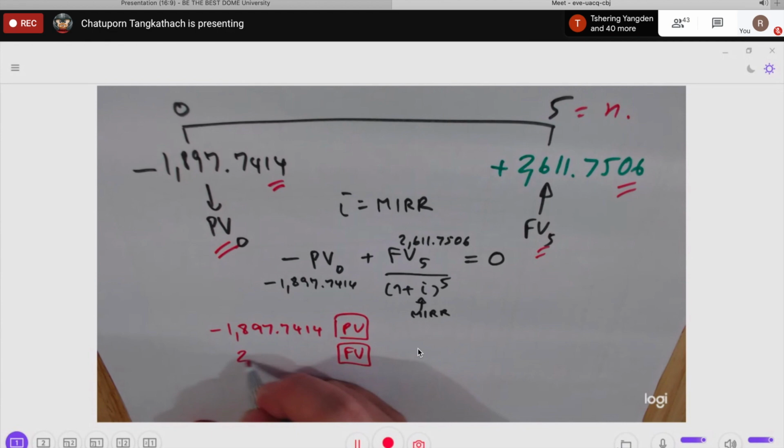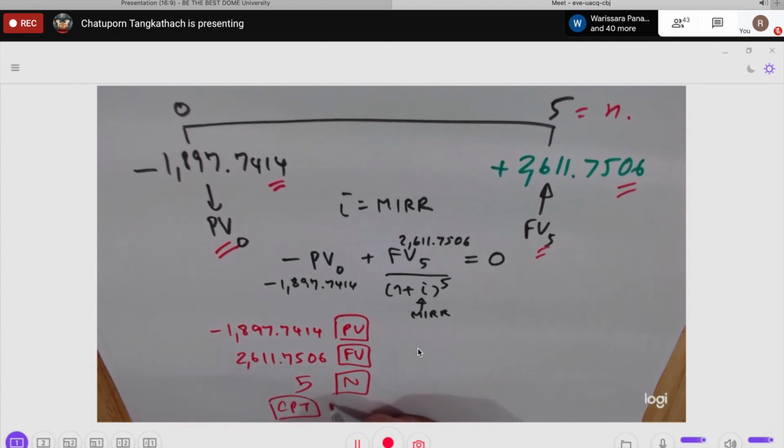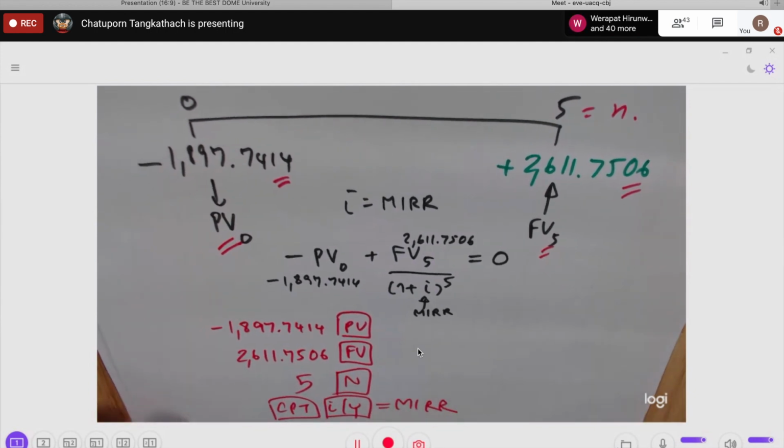Your future value is 2,611.7546. N equals 5. Compute what? I/Y. This is your MIRR.